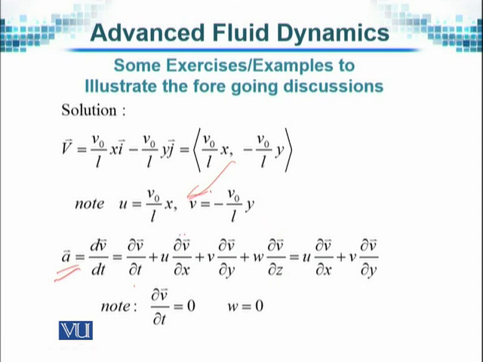Here V is the velocity vector. Since w is 0, there is no motion in the z direction, we have only the non-zero terms.